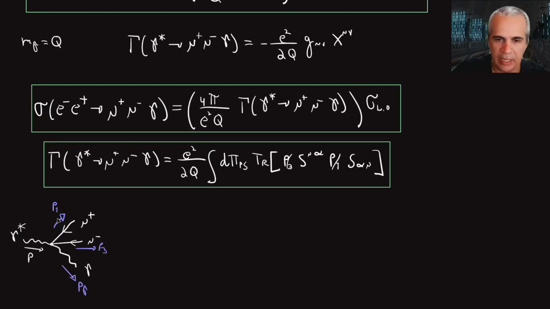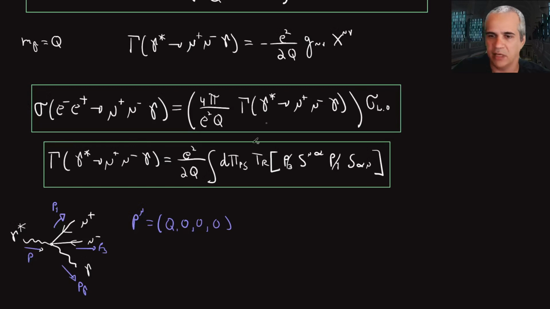And I'm going into the reference frame where this P right here will be just (Q, 0, 0, 0). That's why I know the P squared is Q squared for everything I'm doing. That's why I'm treating this as this strange photon, because it's an off-shell photon with mass Q.